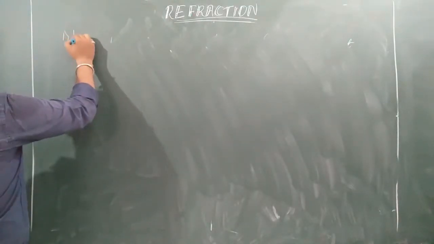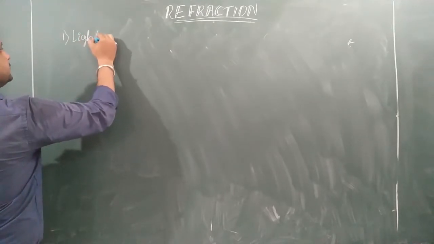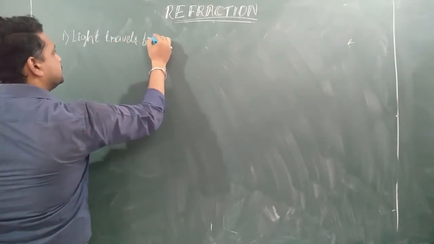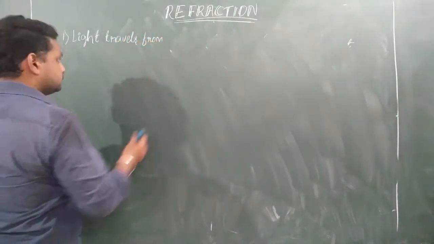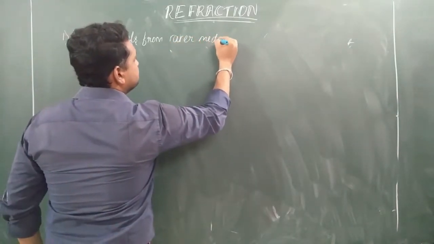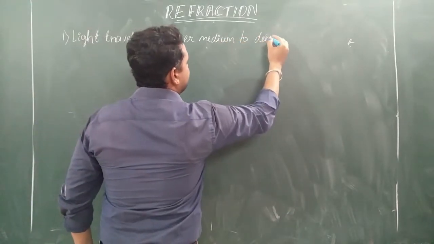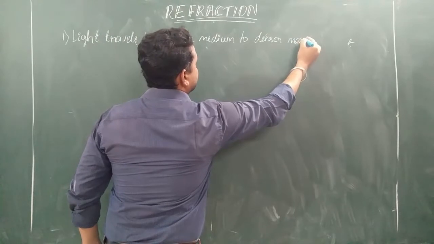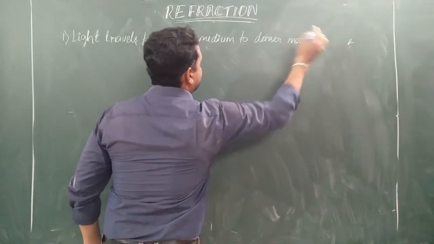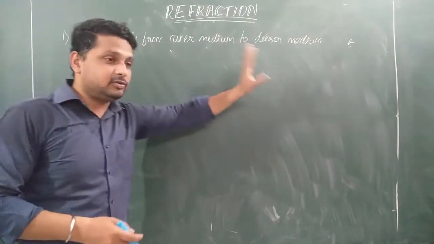First, when light travels from a rarer medium to a denser medium. Okay. So first we will see what happens when light travels from a rarer medium to a denser medium.